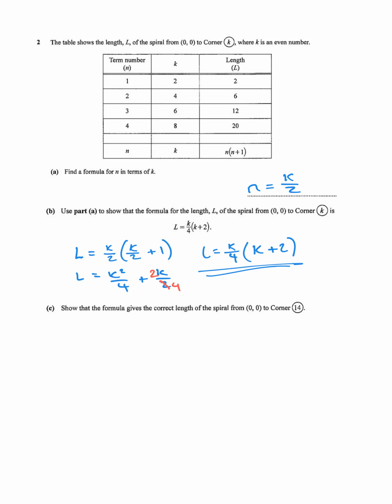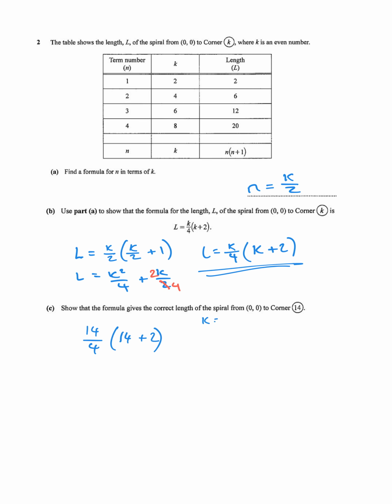Next part: show that the formula gives the correct length of the spiral from 0, 0 to corner 14. Okay, so corner 14, we're going to plug in k equals 14 and see what we end up with. So 14 over 4 times 14 plus 2.